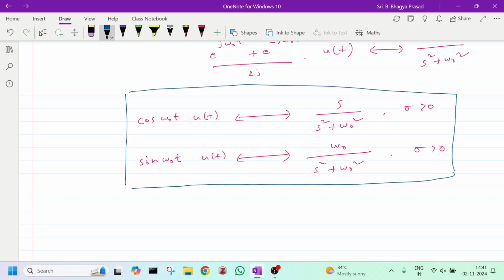Okay, so I will give a few standard transform pairs.